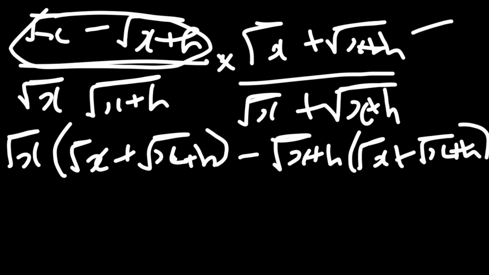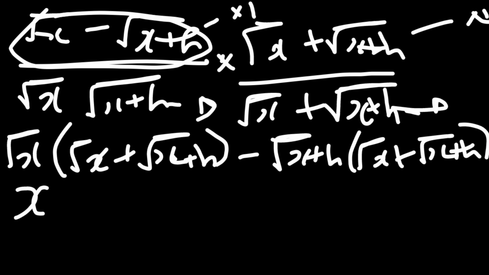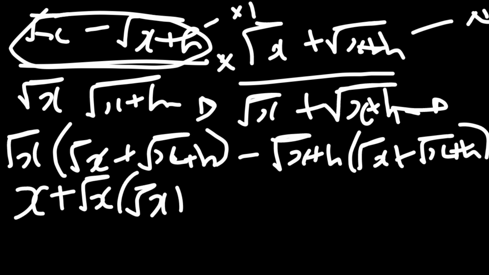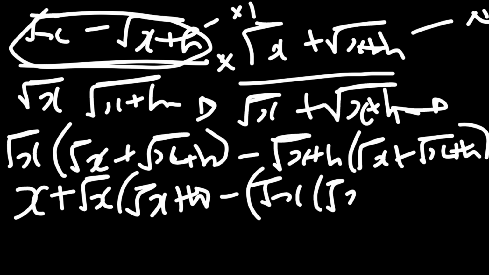So this is the numerator, and this is the denominator. Multiplying this, you're going to have x, because the square root of something times the square root of the same thing is equal to that thing. So plus the square root of x times the square root of x plus h, minus, multiplying this by this, you get minus the square root of x times the square root of x plus h, minus the square root of x plus h times the square root of x plus h is equal to x plus h.